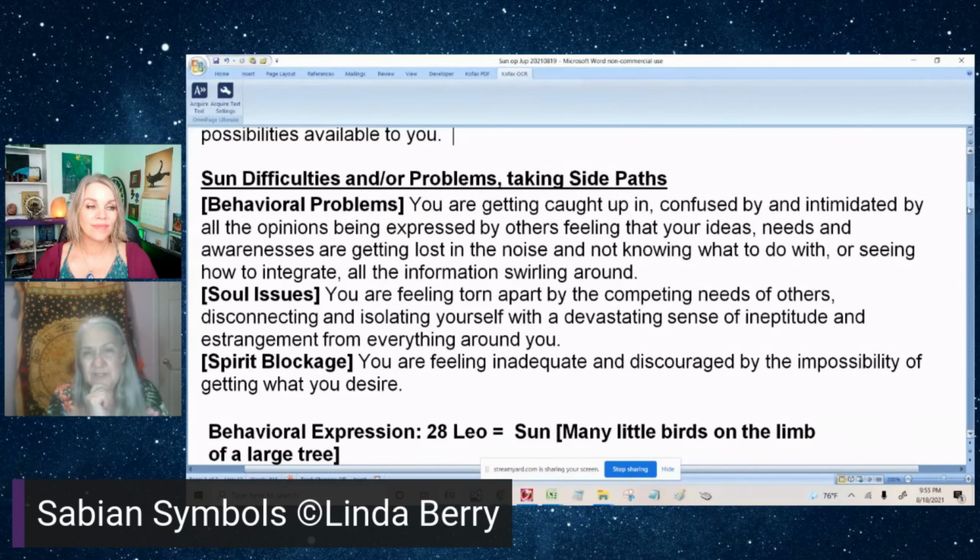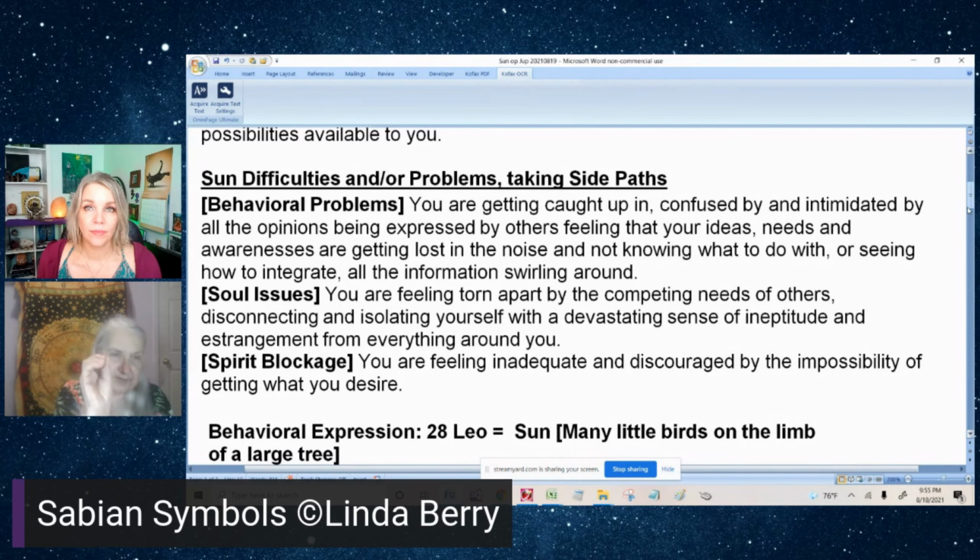So if you find yourself being intimidated by others, I'm not going to just read this, but I'll go over a few of the high points. Confused, intimidated by others' ideas, feeling like there's not enough room for your ideas, and you don't know how to integrate all this information, all this noise that's going on around you.